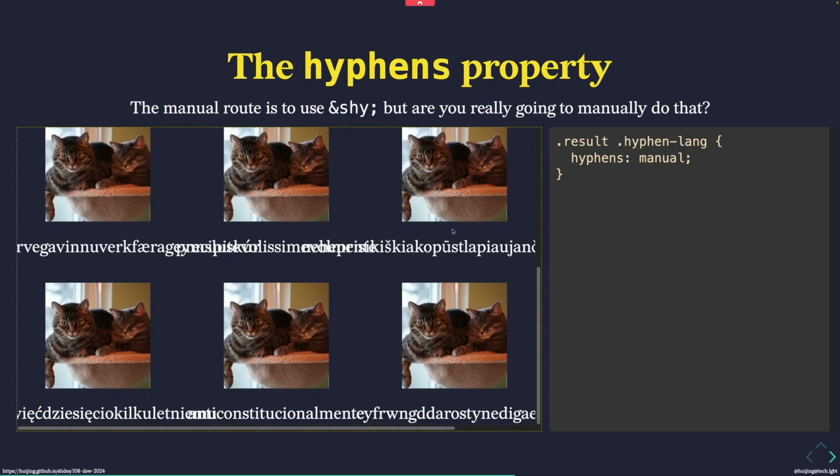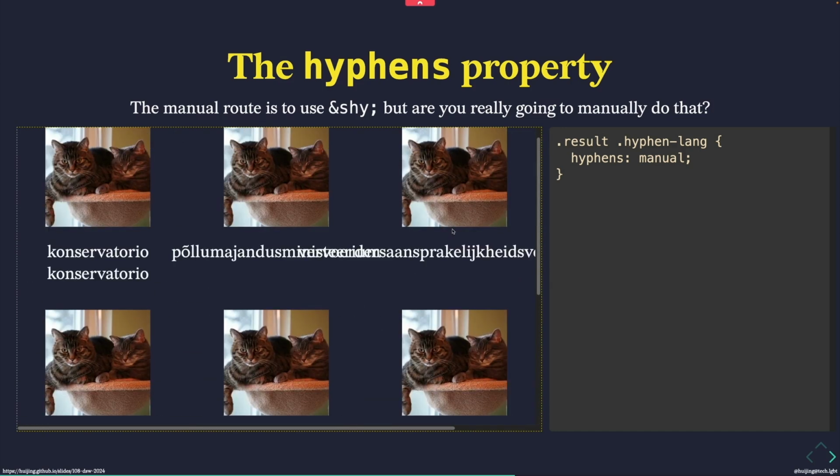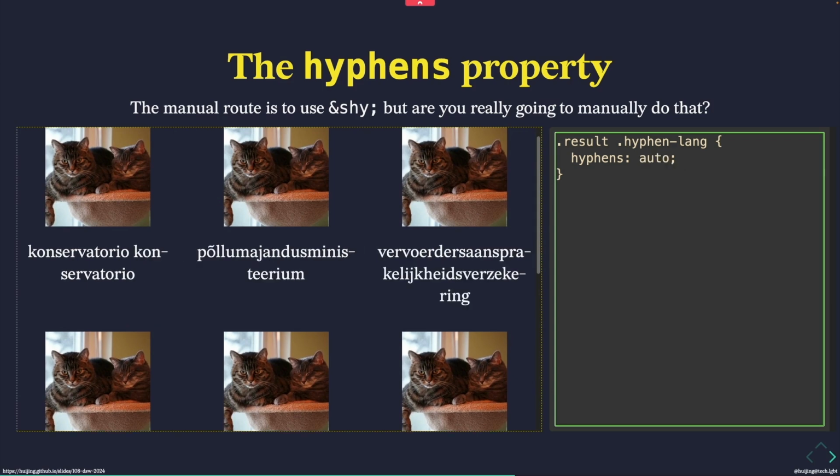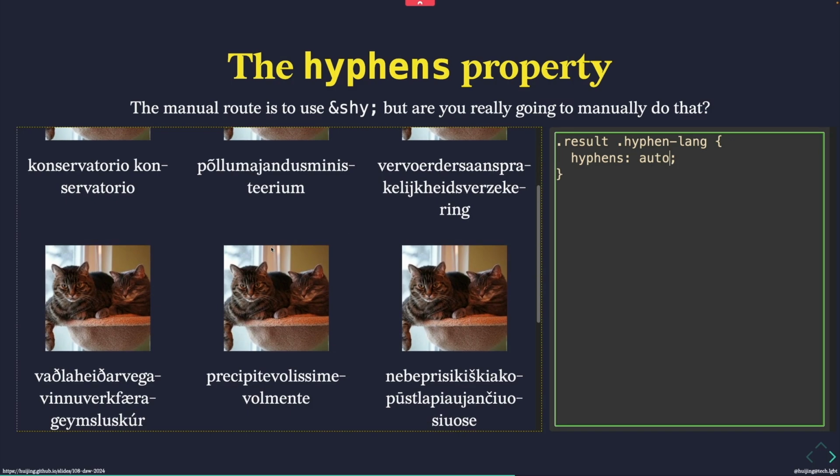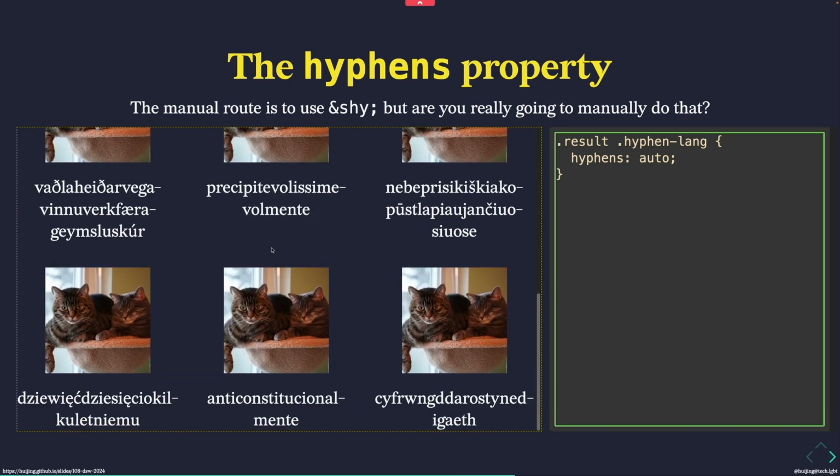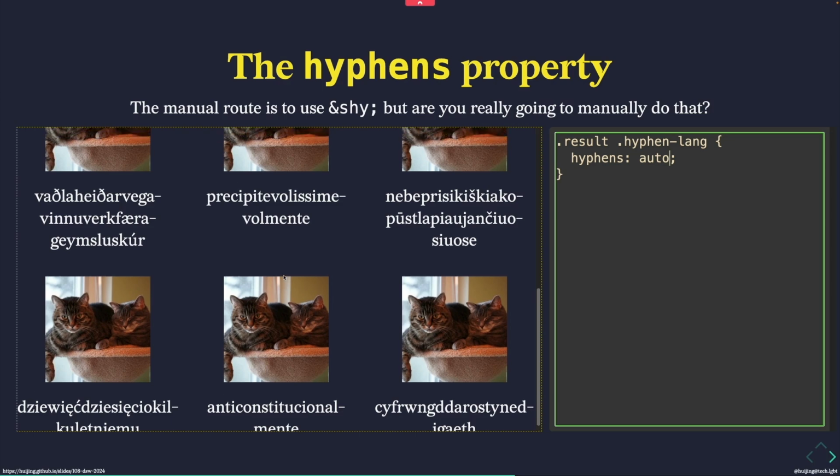So you can see in my example here, I just on purpose chose really long words that I can't read myself. But if I set this to, let me think, I think it's auto, because each of these words have been correctly tagged with their language, auto just hyphenates where we need to.